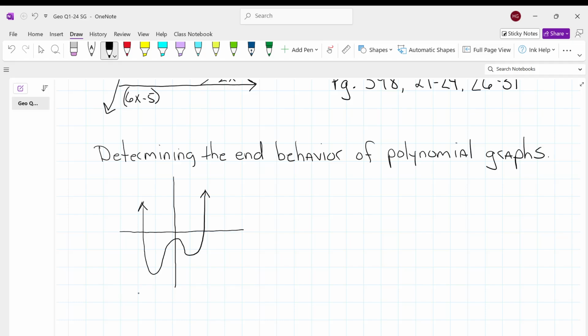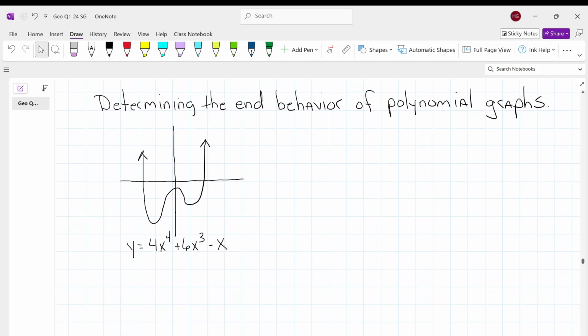This is a graph of y equals 4x to the fourth plus 6x to the third minus x. What determines the end behavior of the graph is this leading coefficient and the power that it's raised to. Okay?